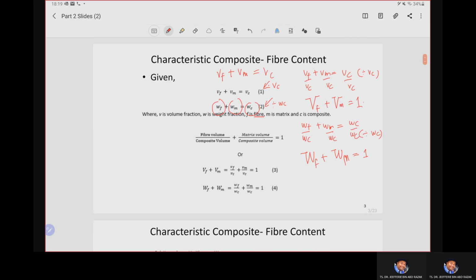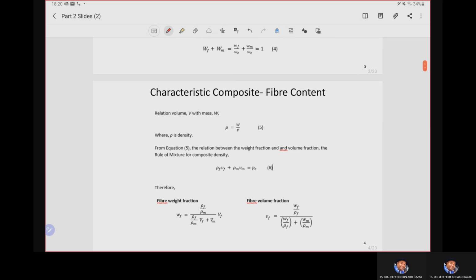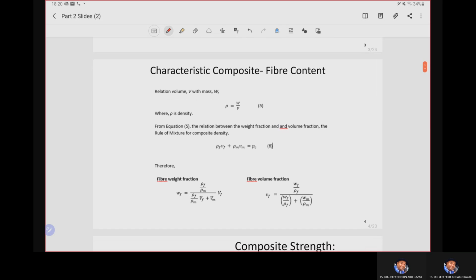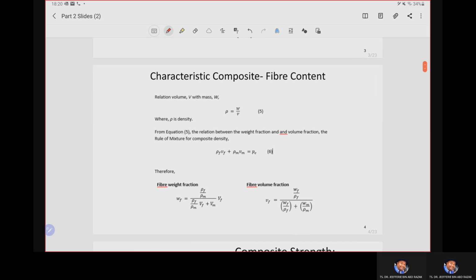So when we relate it with density, we understand that a relation between volume and mass can be established. Have a look at this simple equation of density: rho equals mass over volume, which can be written as equation 5.